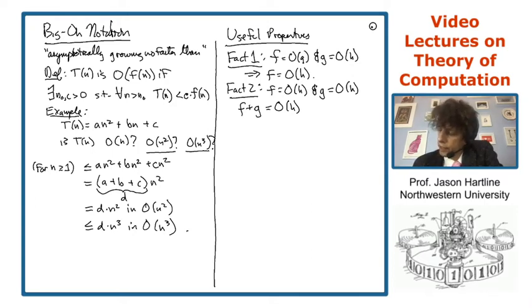In other words, if f grows no faster asymptotically than h, and g grows no faster asymptotically than h, then f plus g grows no faster asymptotically than h.